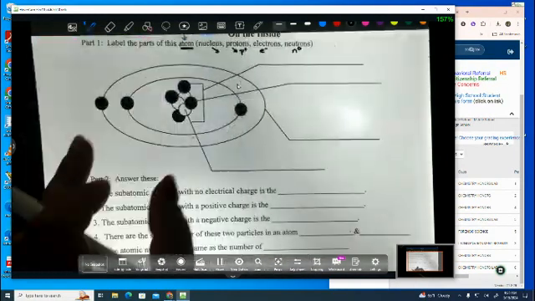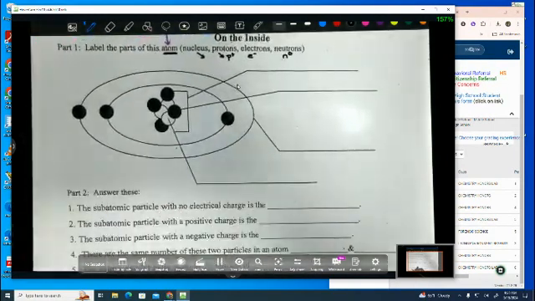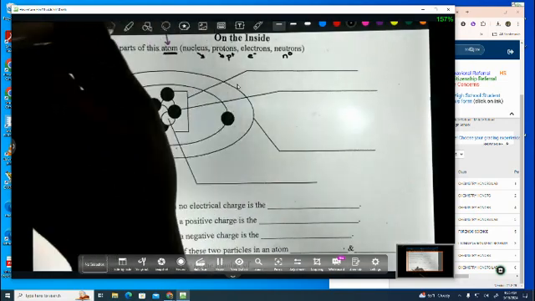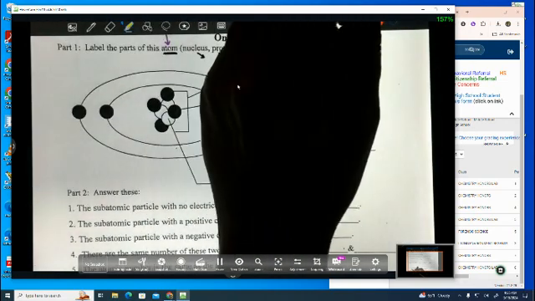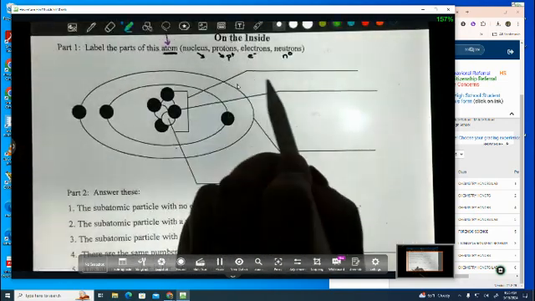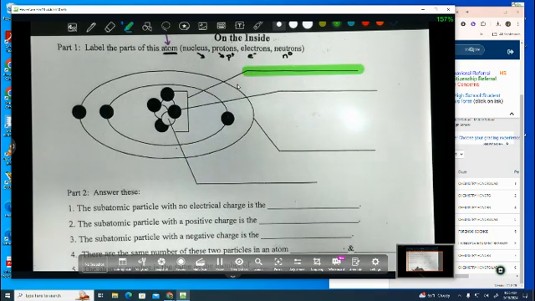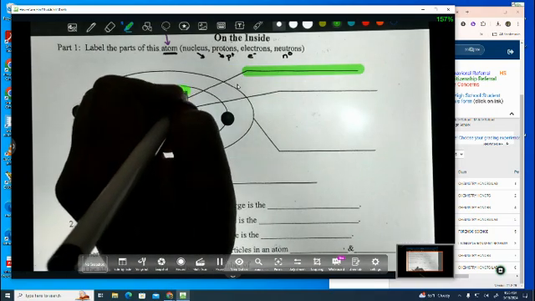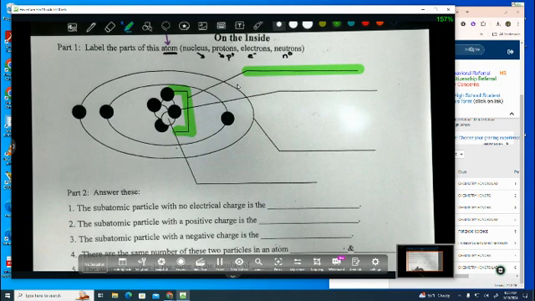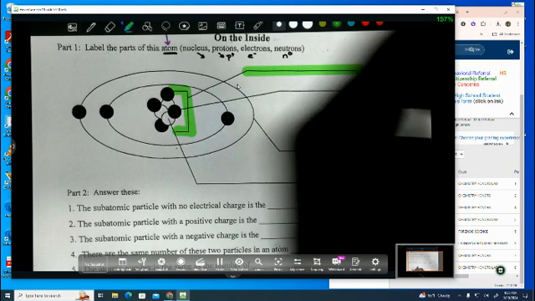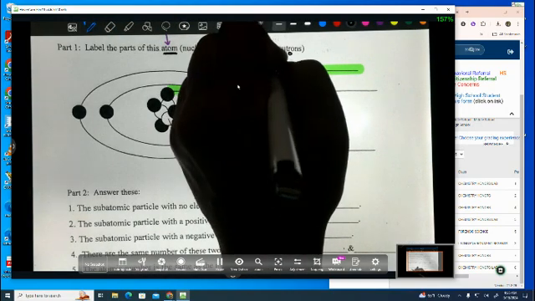All right, they give us this little picture, and they want us to label it. I'm going to get out my highlighter here so we can all see. I'll use green. This top line right here is this whole thing. What is that whole thing referring to? Joe? The nucleus. So let's write nucleus in here.